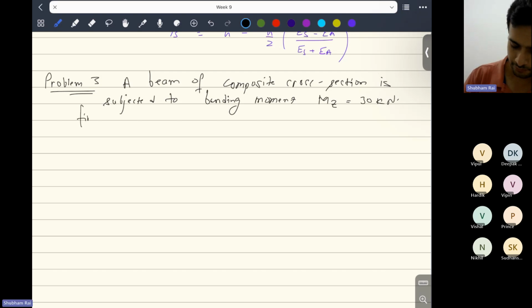And what you have to find, first part, the curvature induced in the beam.